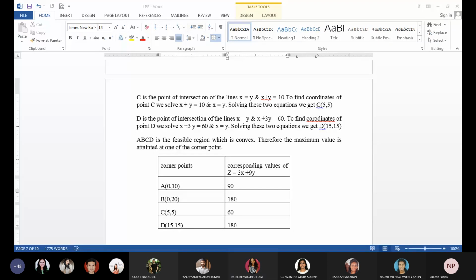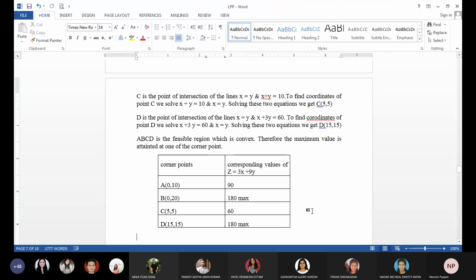Yes, sir. So now in this case you are getting the maximum value at 2 points. Okay, maximum value you are getting at 2 points. I'll tell you which value you have to take.